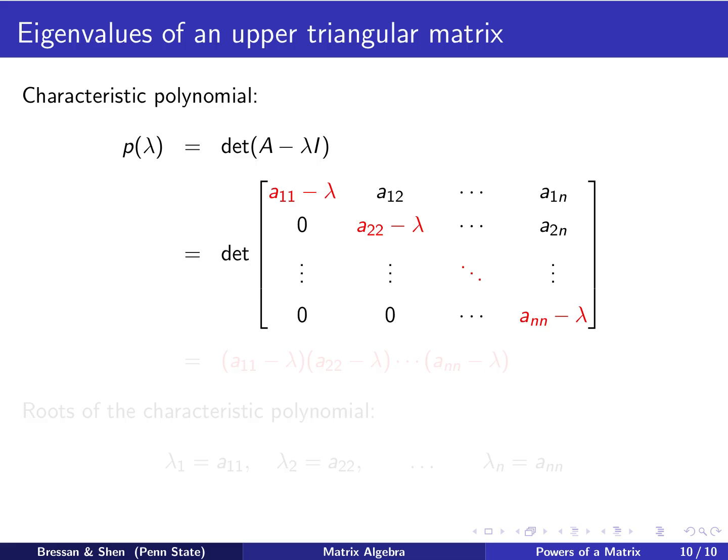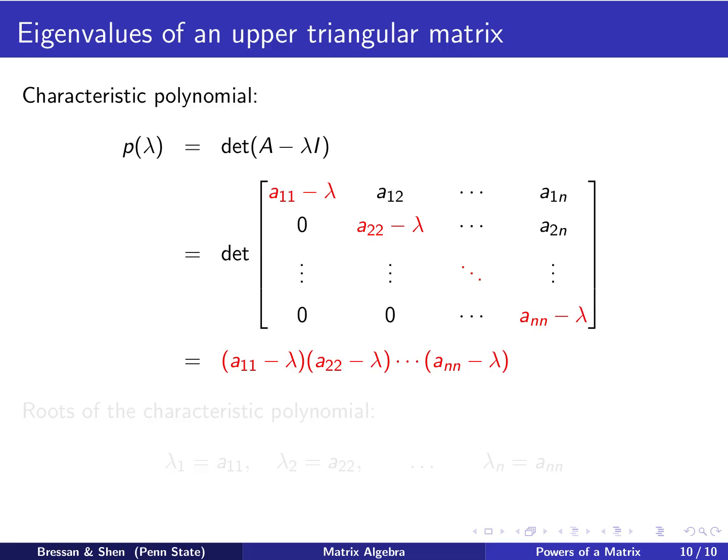We can form the characteristic polynomial, which is the determinant of A minus lambda I. Writing out the elements, we'll have minus lambda on all the diagonals and 0 under the diagonal.